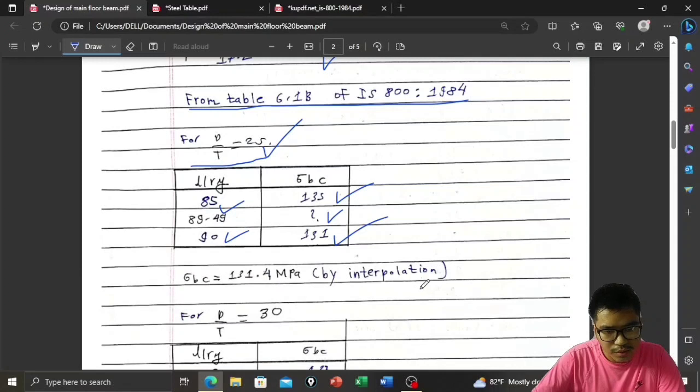So from interpolation we get 131.4 megapascal.